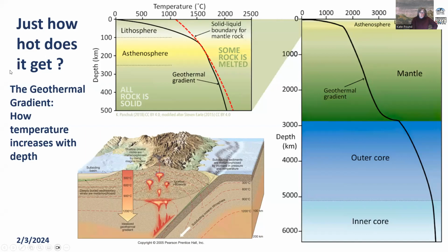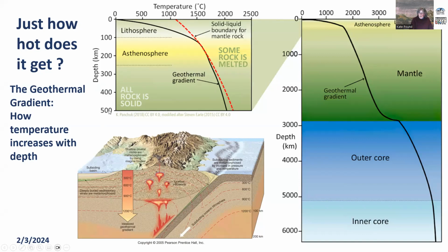Now, here are some more graphs. One thing people always wonder, well, how hot does it actually get? So to understand that, we have a term we use, the geothermal gradient. This is effectively just how temperature increases with depth. So we've got a diagram, not unlike our facies diagram.